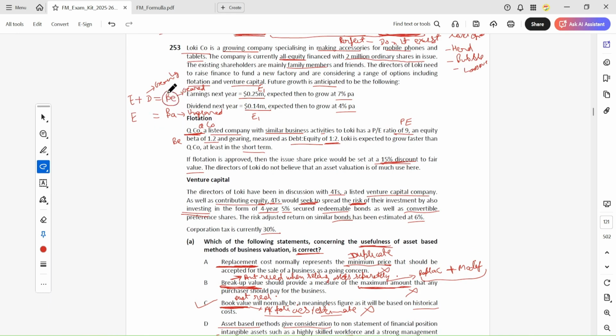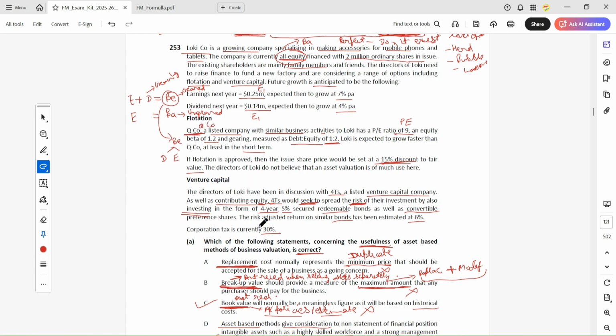This given equity beta includes debt and equity. But our company is all equity financed, so our company will have the asset beta, but here we have been given the equity beta.